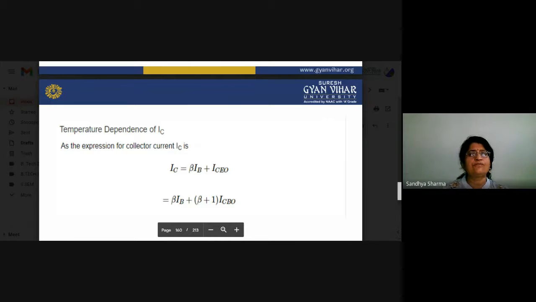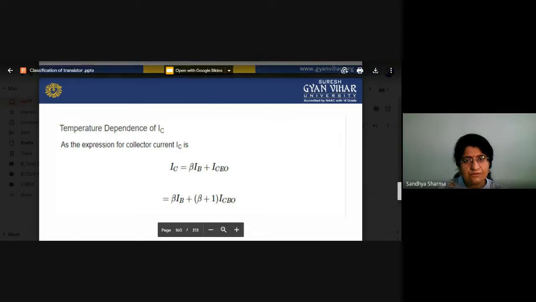First of all, we see the temperature dependence of IC. The collector current IC is equal to beta times IB plus ICEO, where ICEO is equal to 1 plus beta times ICBO. ICBO is basically the collector to base current at open circuit condition.